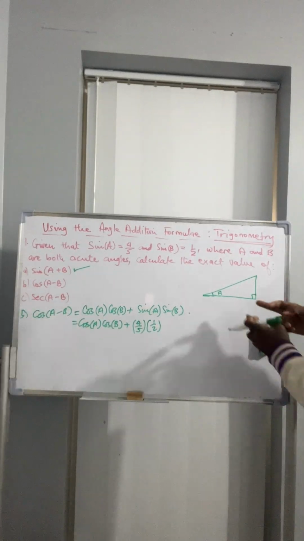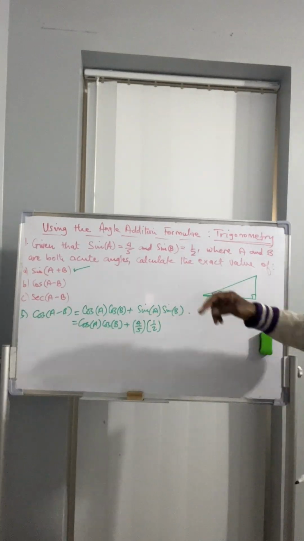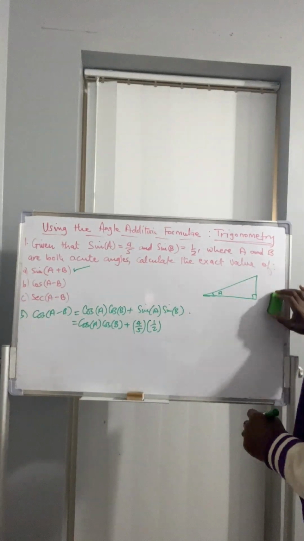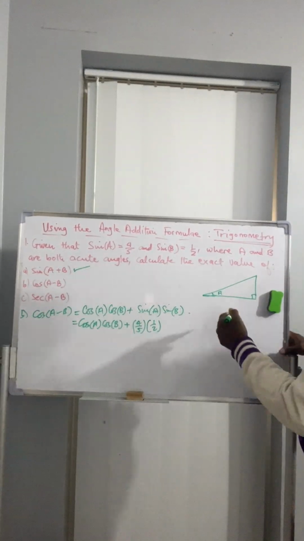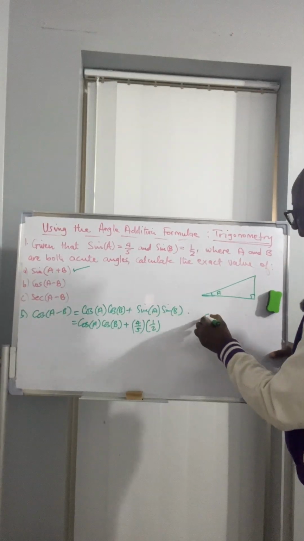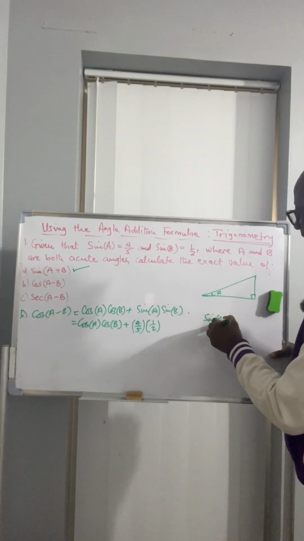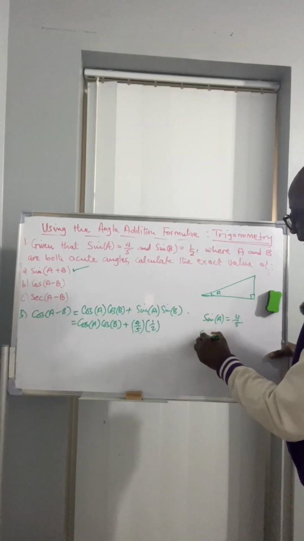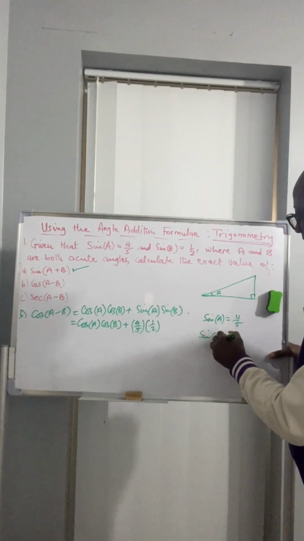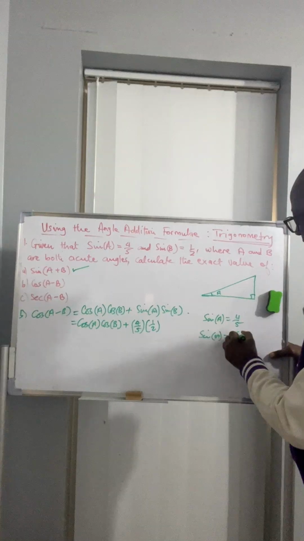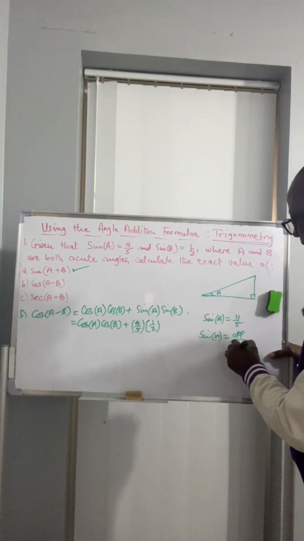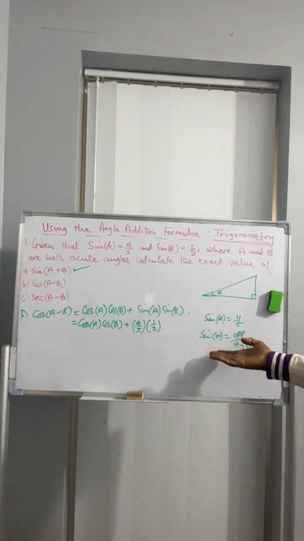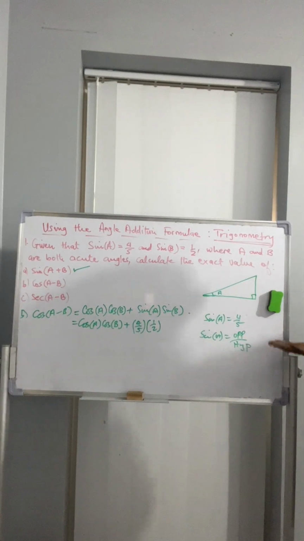Now for this one here, this is A. We are told that sine A is 4 over 5 from the problem we are given. So what is the sine of an angle? We know that sine of A is equal to the opposite over hypotenuse.